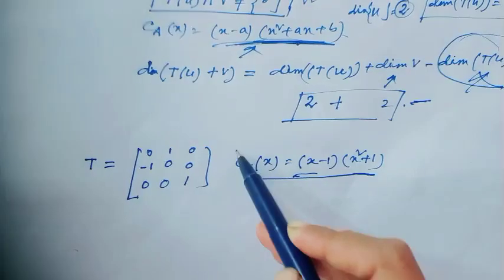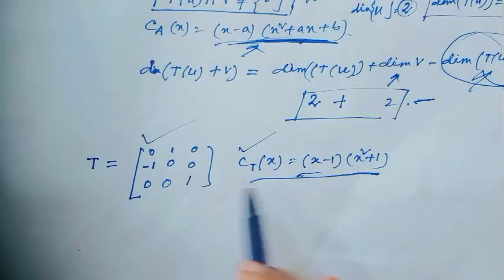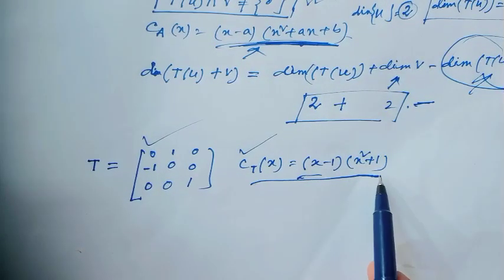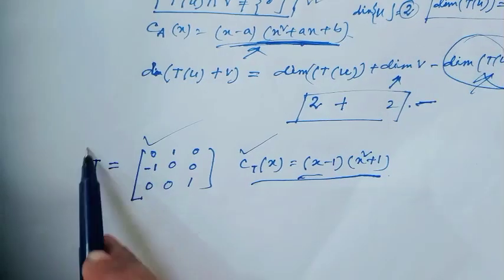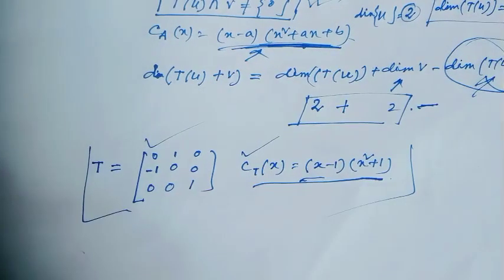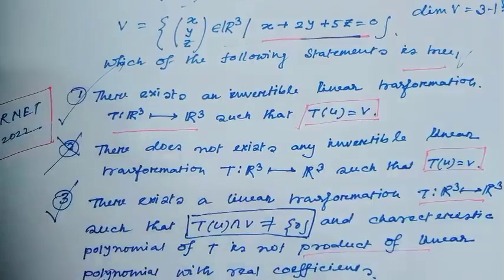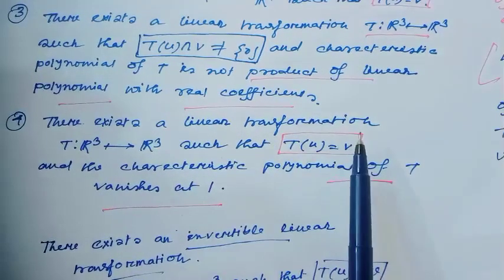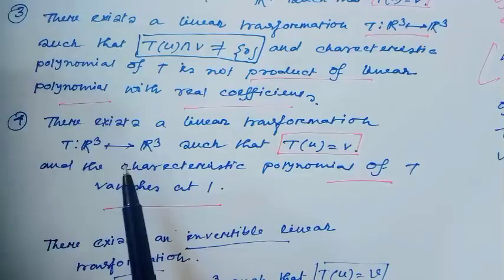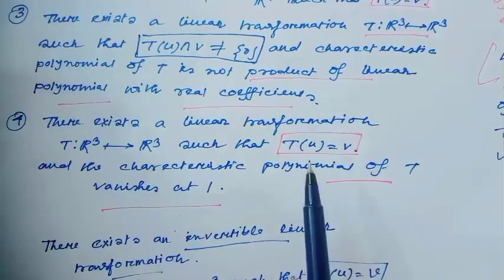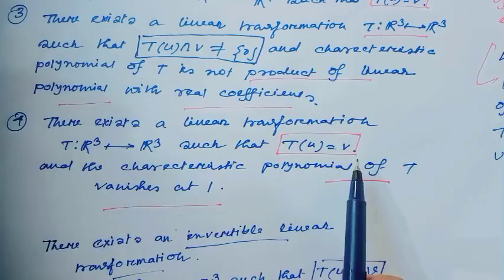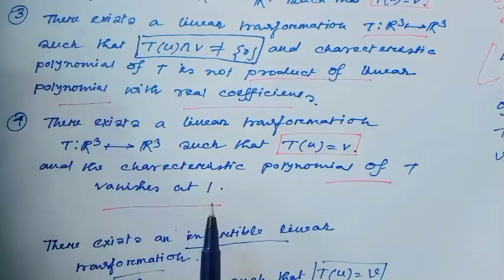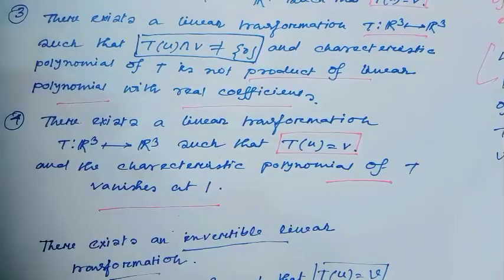And such a linear transformation would be of this type. Here the characteristic polynomial is x minus 1 times x square plus 1. Have you understood this concept? It means option 3 is the right option. And option 4 indicates there exists a linear transformation T from R cube to R cube such that Tu equal to V, and the characteristic polynomial of this linear transformation vanishes at the point 1.